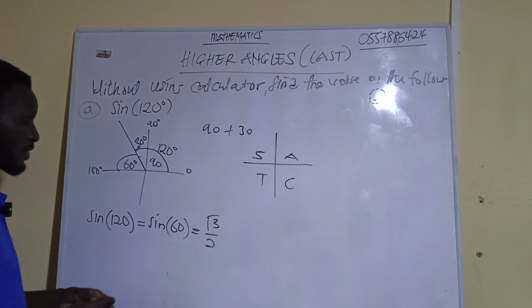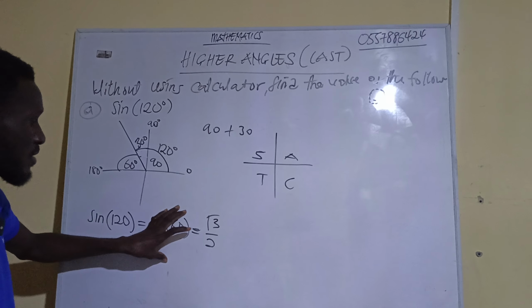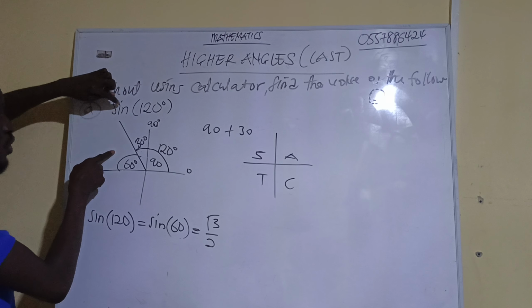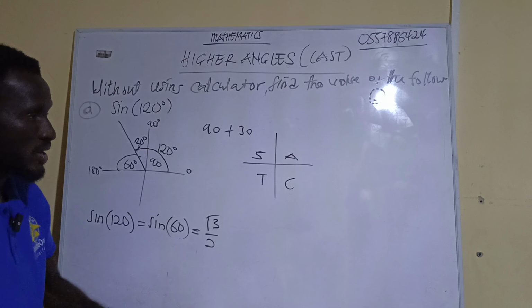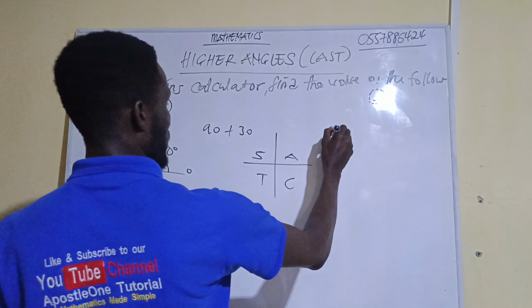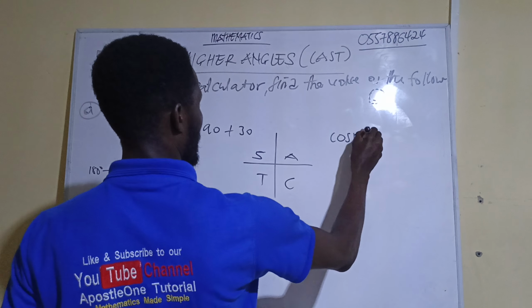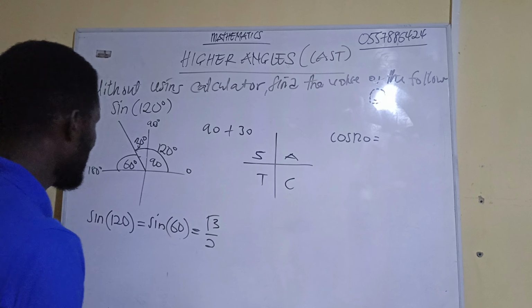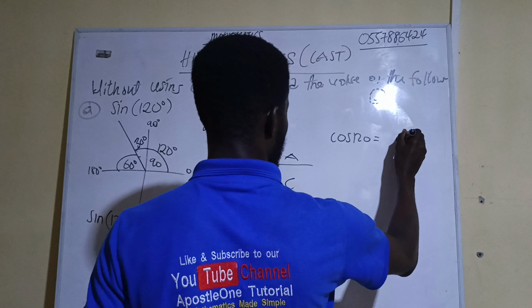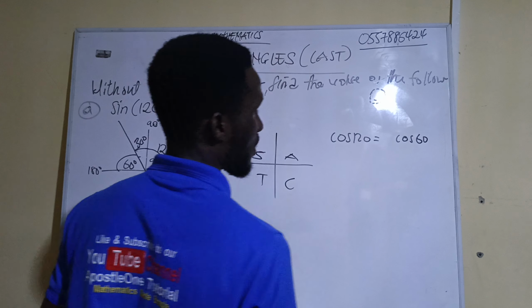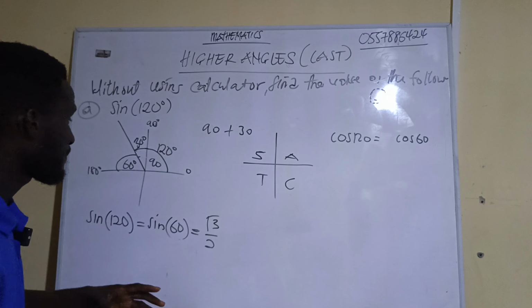Now, we are not done. Don't forget that this one is in the second quadrant, and in the second quadrant, only sine is positive. So if I'm looking for cos 120, the angle along the x-axis will be 60. So cos 120 will be the same as cos 60. Now look at something.